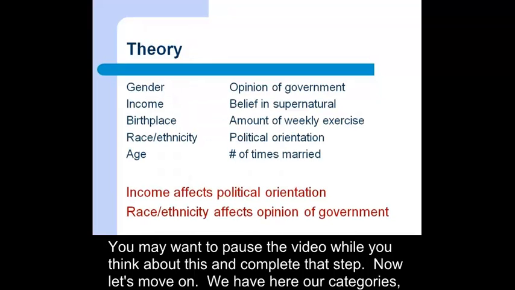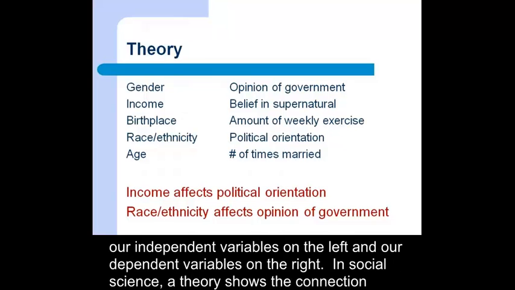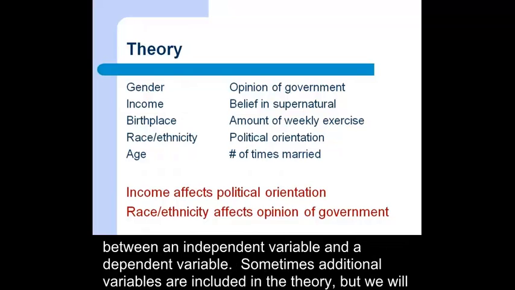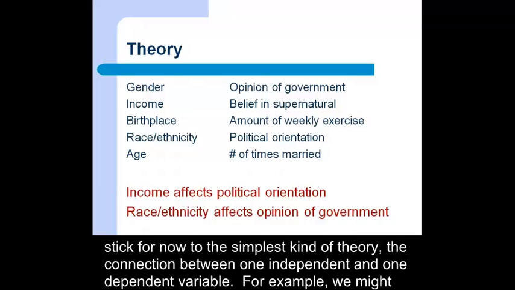Now let's move on. We have here our categories, our independent variables on the left and our dependent variables on the right. In social science, a theory shows the connection between an independent variable and a dependent variable. Sometimes additional variables are included in the theory, but we will stick for now to the simplest kind of theory, the connection between one independent and one dependent variable.